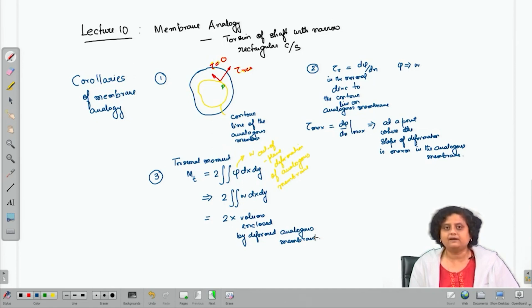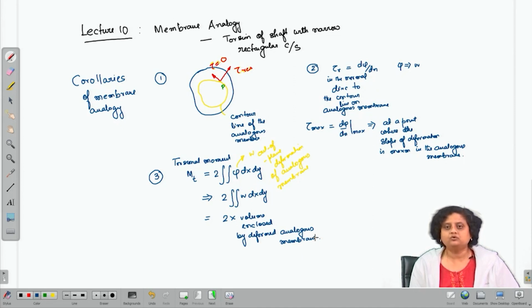So, if we can find out the expression for W, or even if we can visualize the expression for W, we can obtain the expression for the torsional moment by just finding out the volume enclosed by the analogous membrane into 2.